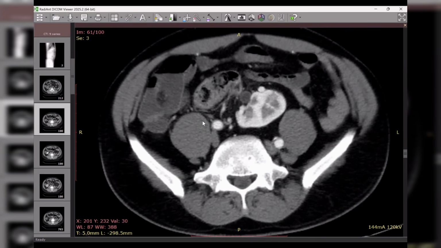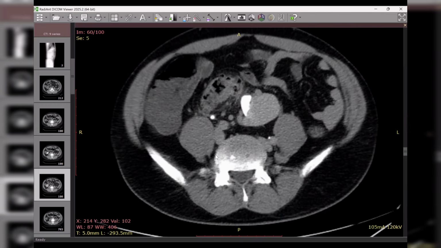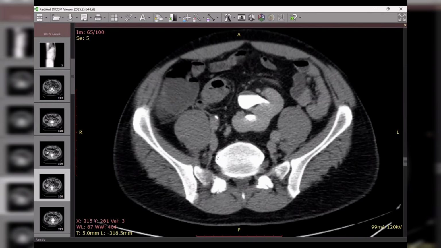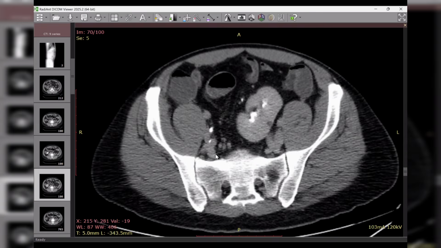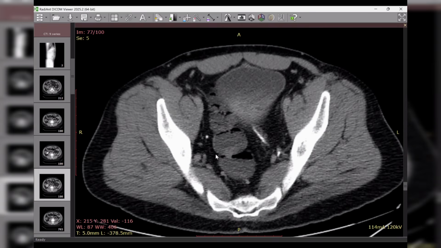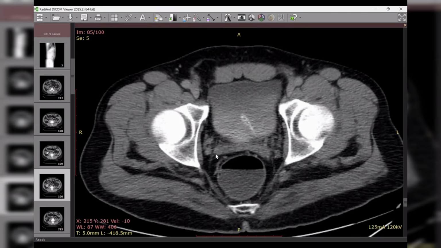Let me ask you a straightforward question. If we are suspecting fistulous communication between this diverticulum and the renal pelvis, what specific phase do we want to see? The excretory phase. Nice. Okay, so this is the excretory phase, showing excretion of contrast into the dilated left pelvic calyceal system.